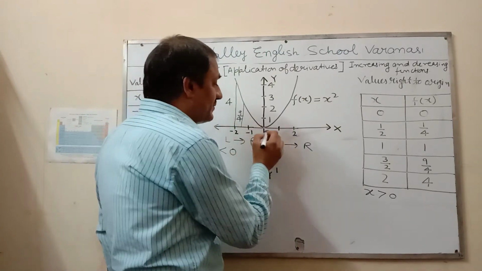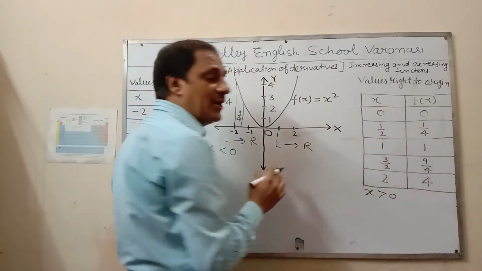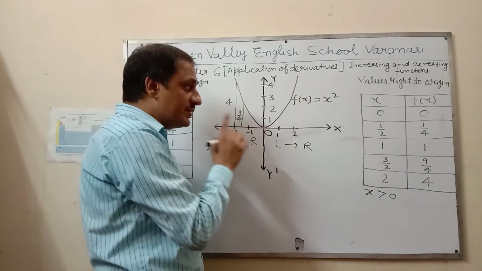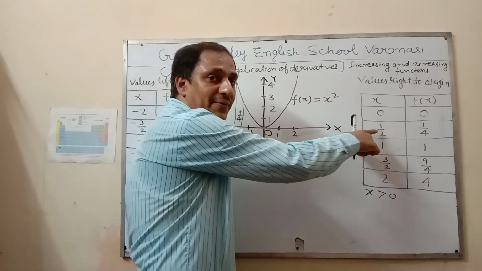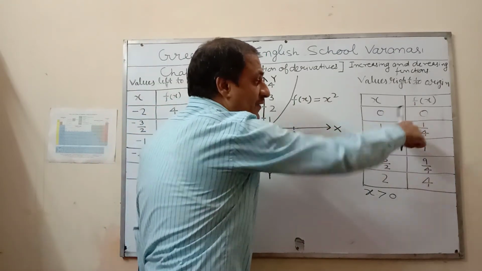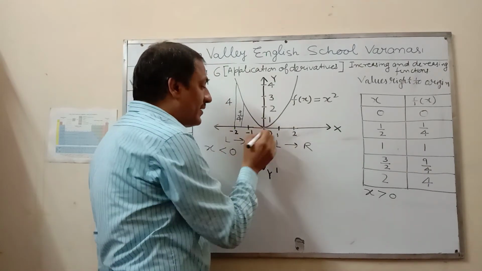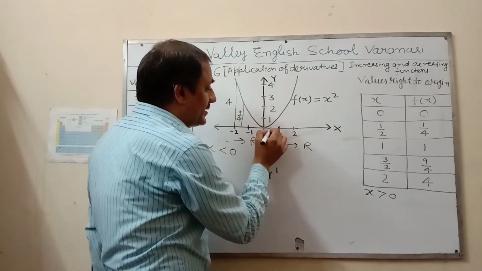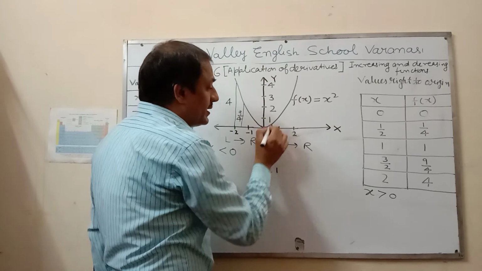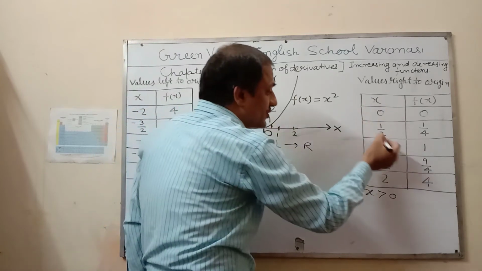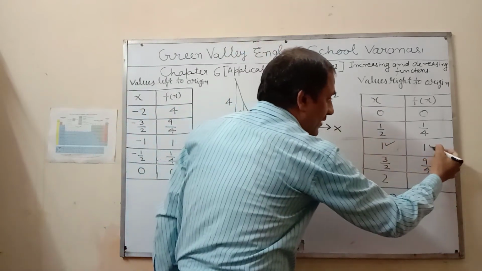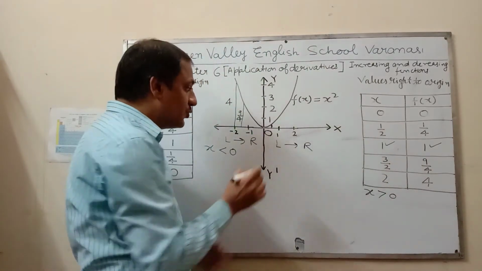If the value of x equals 0, the value of f of x equals 0. If x equals half, f of x equals 1/4. If x equals 1, f of x is also 1.